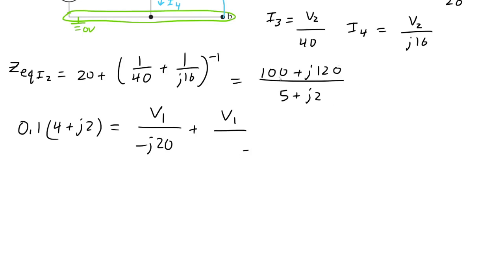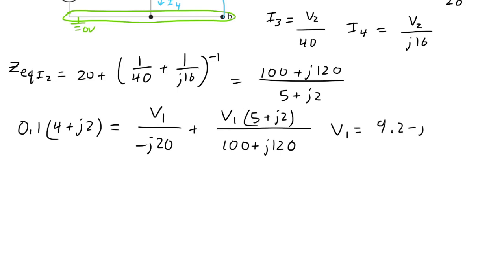So in other words, it'll be 5 plus j2 over 100 plus j120. So I punch that into the calculator, and get V1 equals 9.2 minus j3.6 volts.